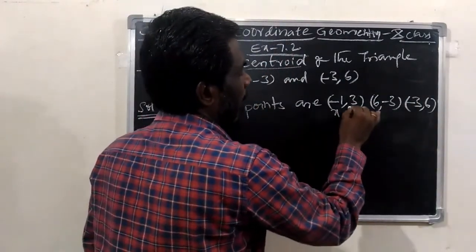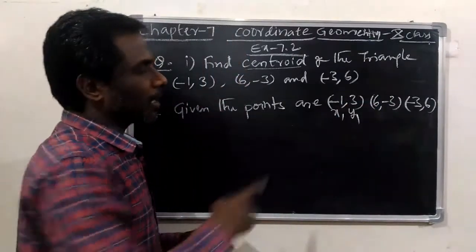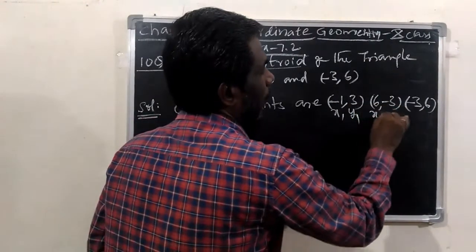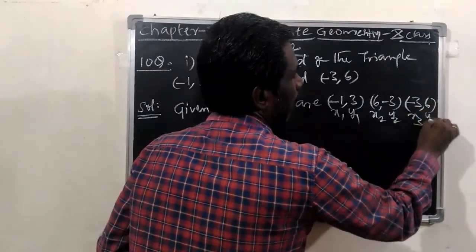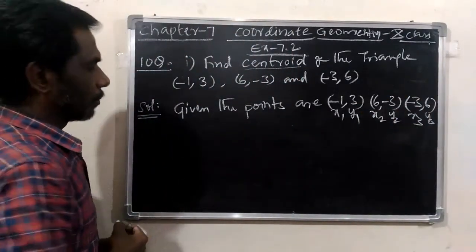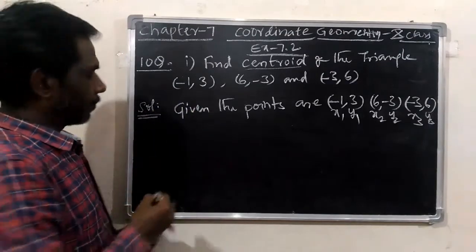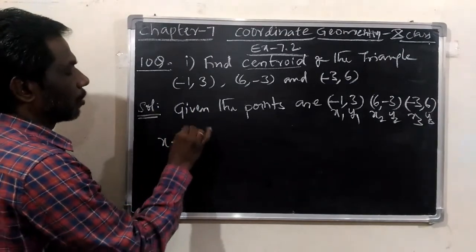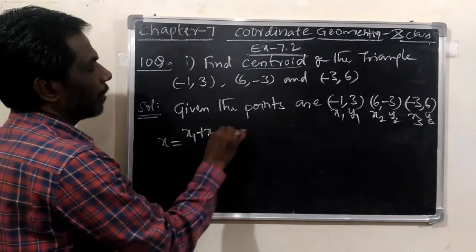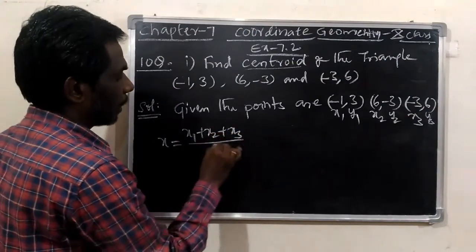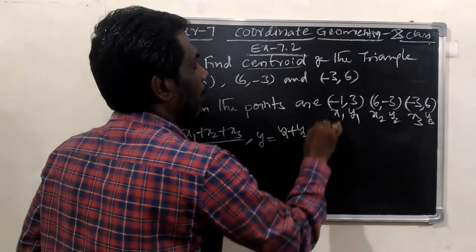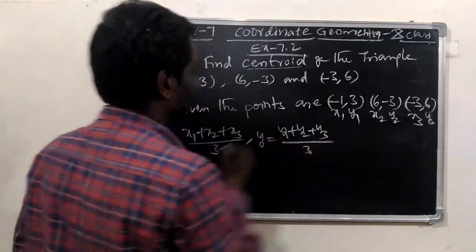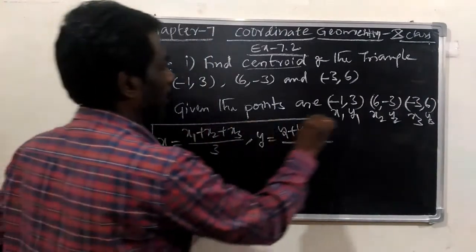Let the vertices' coordinates be x1, y1, x2, y2 and x3, y3. Now write the centroid formula: x equals (x1 plus x2 plus x3) by 3 and y equals (y1 plus y2 plus y3) by 3, and make it a box.